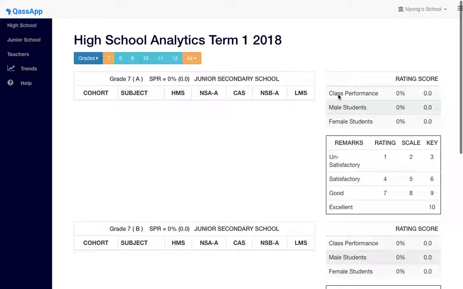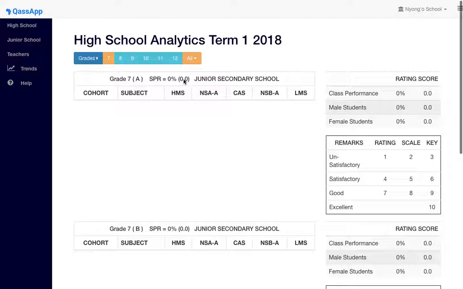This small table here shows us just another breakdown. It shows class performance, the male performance, the female performance. So these numbers are averages: class average, male average, female average. And here's a rating table, which gives us a rating score. So if the class average is 80%, then the rating score would be 8.0.